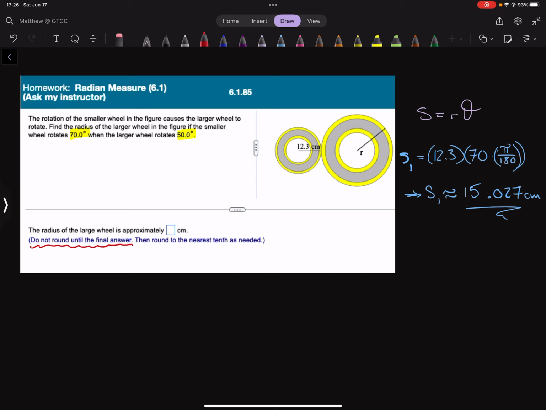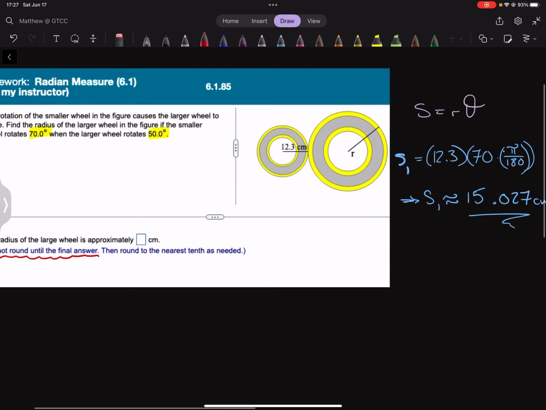It tells us that the second wheel rotates 50 degrees when the first wheel rotates 70 degrees. What you've got to think about is the distance. Say this is the distance covered by that rotation.